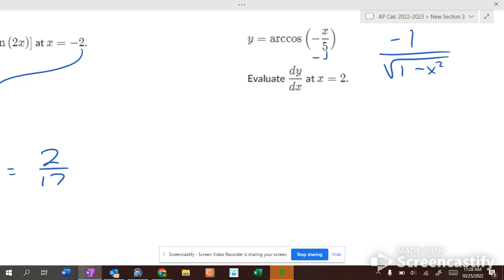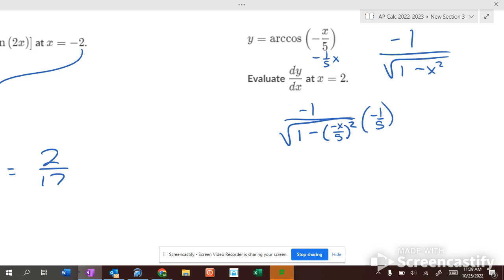This is really negative 1/5 x, right? So what's the first derivative of negative 1/5 x? Negative 1/5 over the square root of 1 minus negative x over 5 quantity squared.